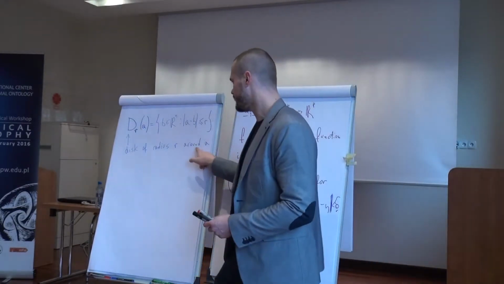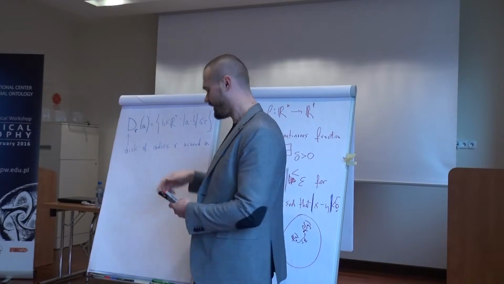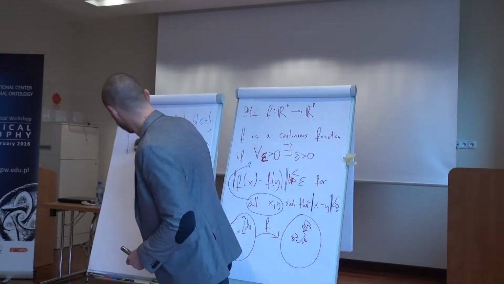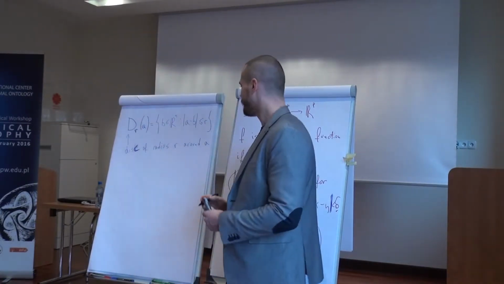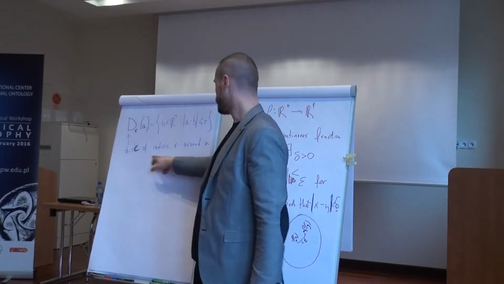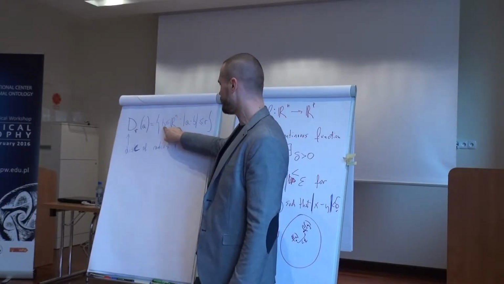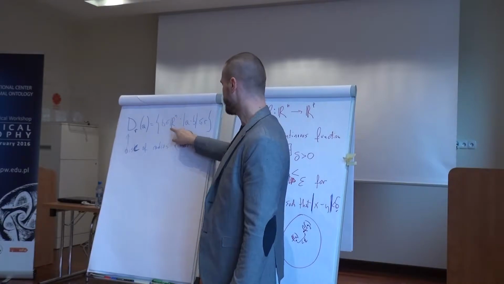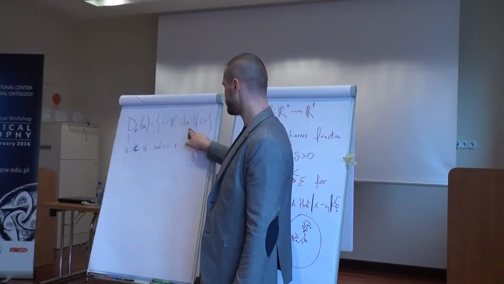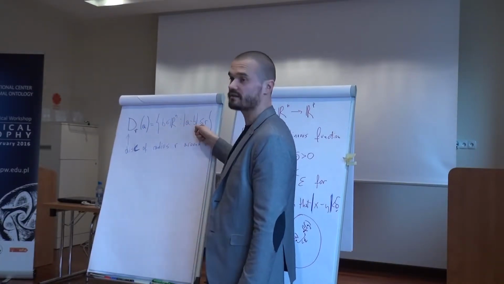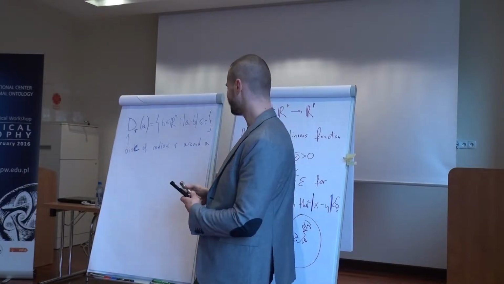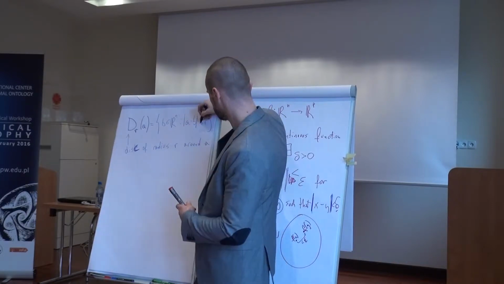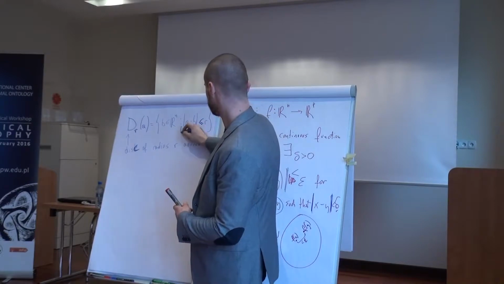Why do you understand it like that? I write this C here. Because you have all the elements from the space which are at a distance from A not greater than R. Okay? That's the notation. That's the distance.